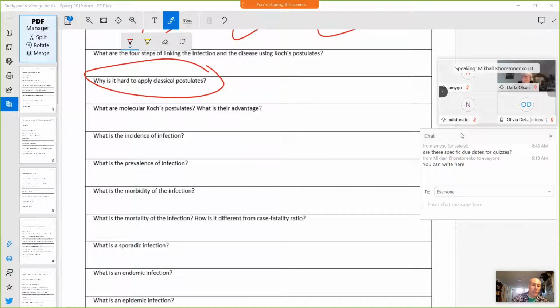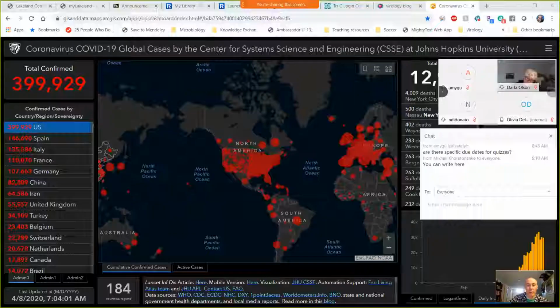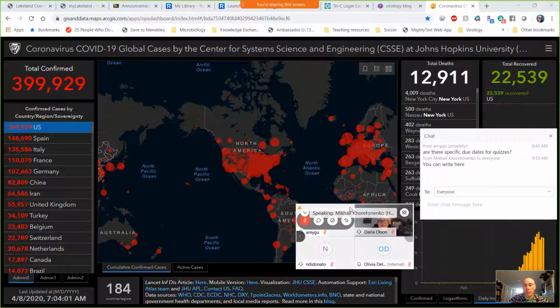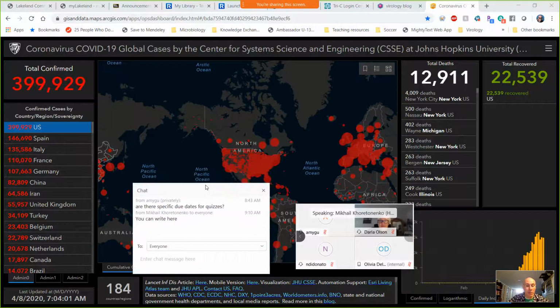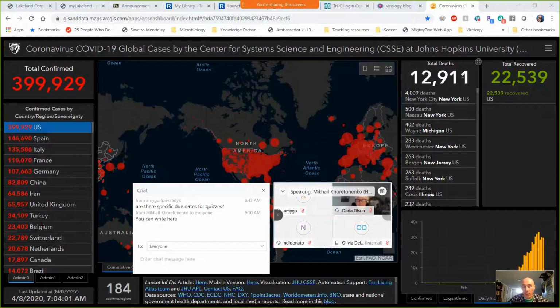Now, this is the most interesting question. The mortality versus case fatality ratio. Let's go back to that fantastic immunological illustration right here. Let's talk about the United States, because quite frankly, United States don't care about anybody else in the world. So we have about 13,000 deaths so far, right?